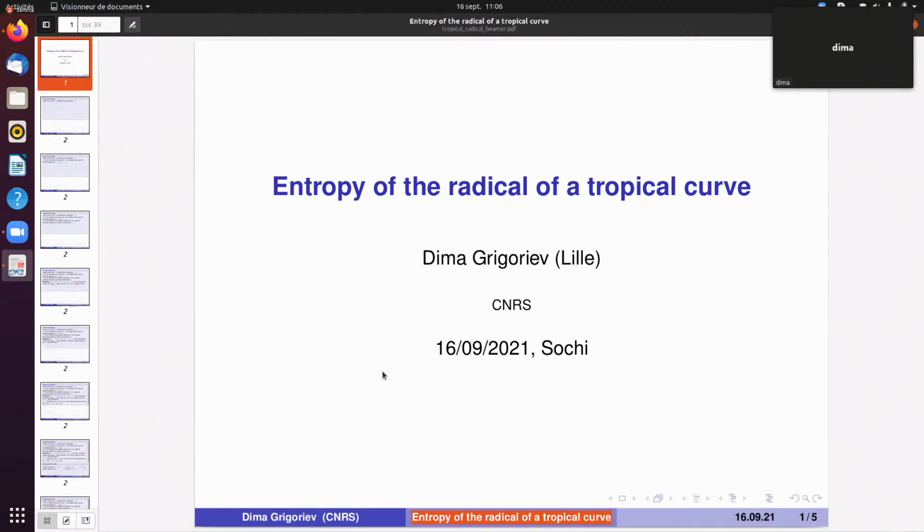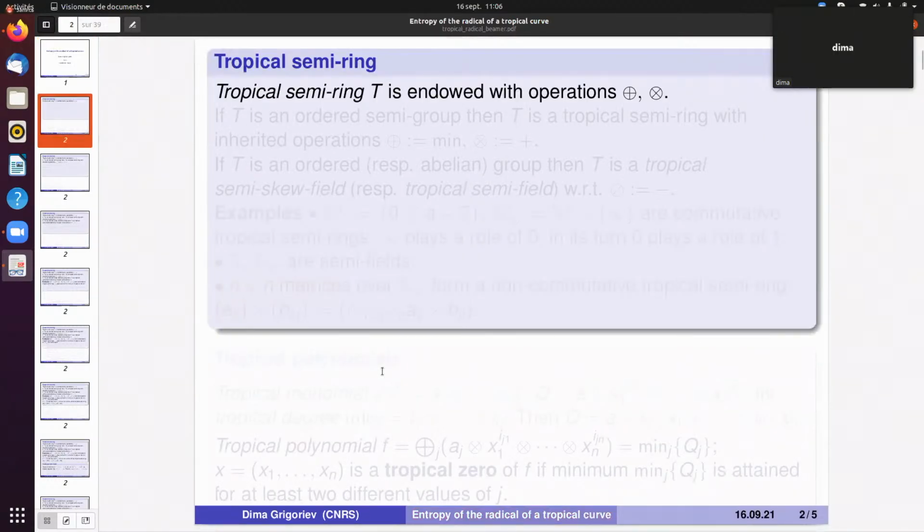First I start with some basic concepts to remind about tropical algebra. The basic object of tropical algebra is a tropical semi-ring. A tropical semi-ring is an idempotent semi-ring endowed with two operations, which I will denote like this.